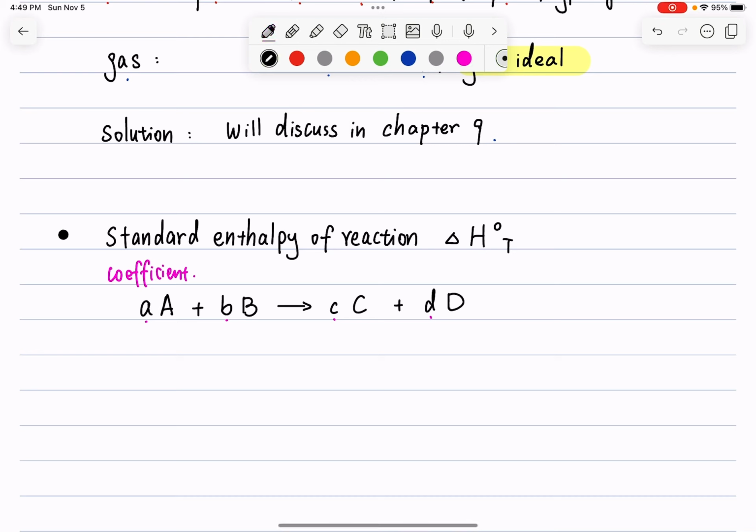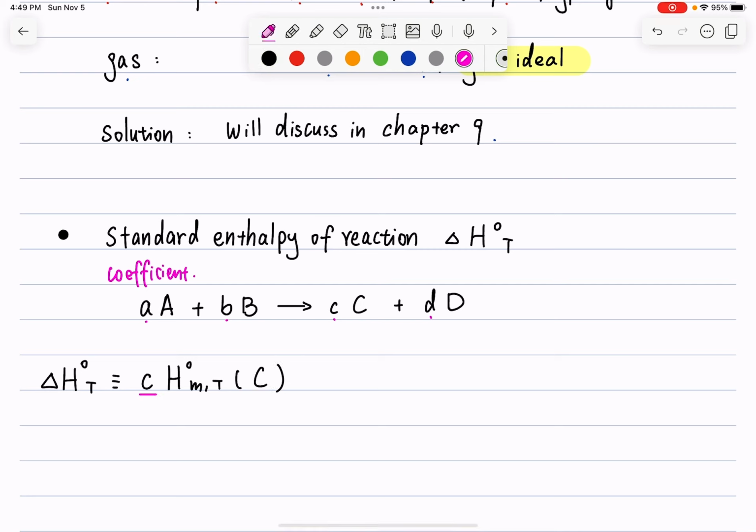When we're writing out the total delta H of this reaction at temperature T, what we're writing is the coefficient of your product C times H naught m,T of substance C. Again, what do these terms mean?